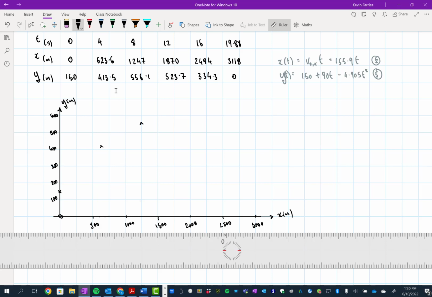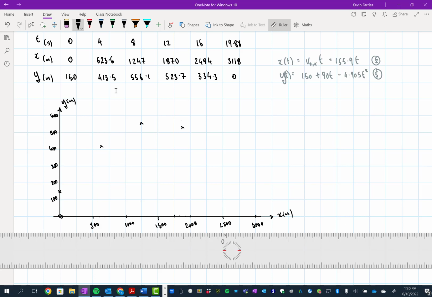At 12 seconds, we're going to have 1870, so that'd be 1750, 1800 might be here, 1900 about there, so 1870 is about here somewhere, and 523 is going to be around there.